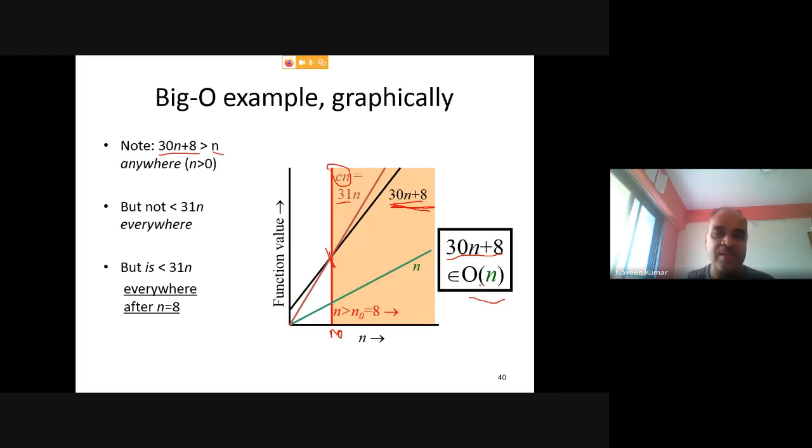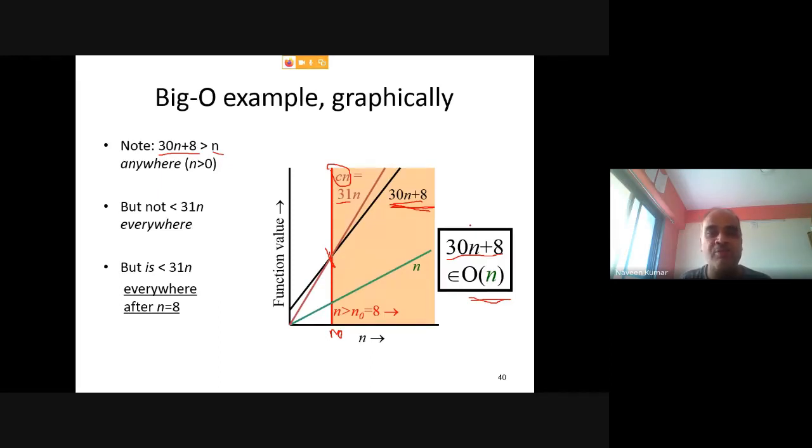So it gives an approximation, order n, to some function fn. There may be many such functions fn that will map to the same approximation function big O of n. So this is one of them.